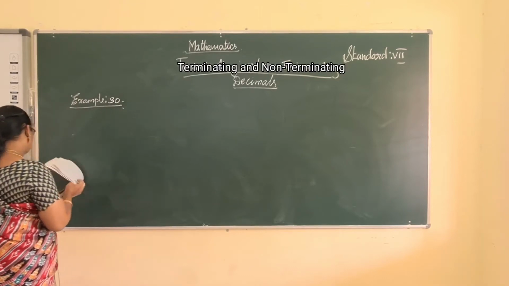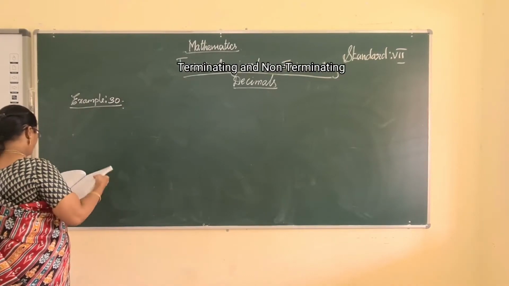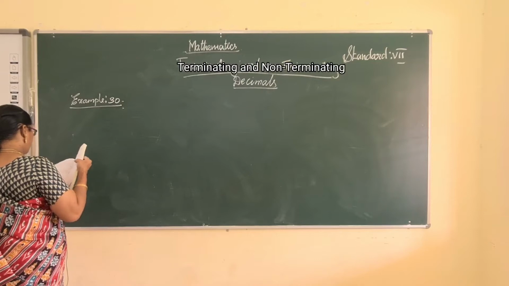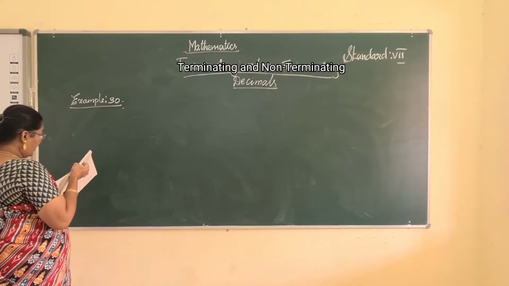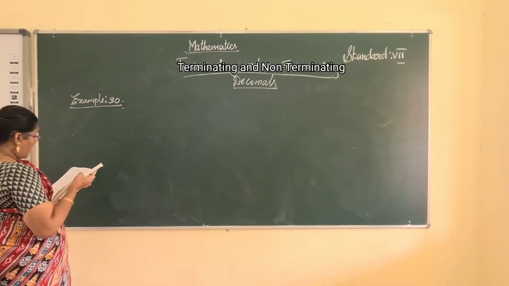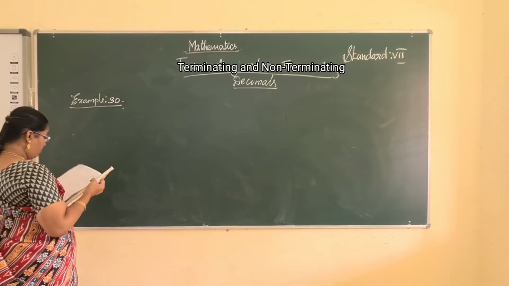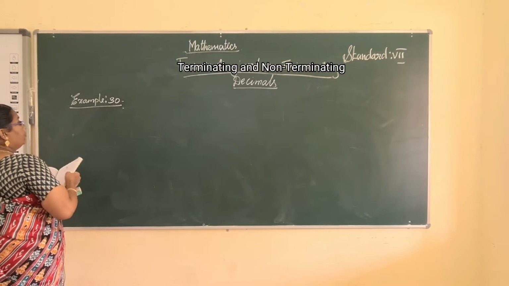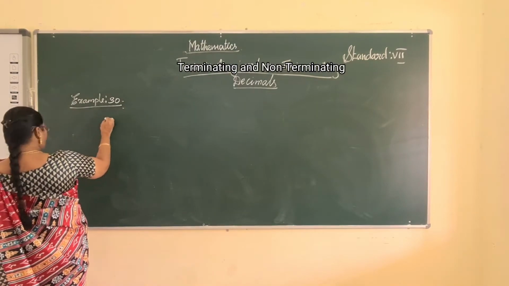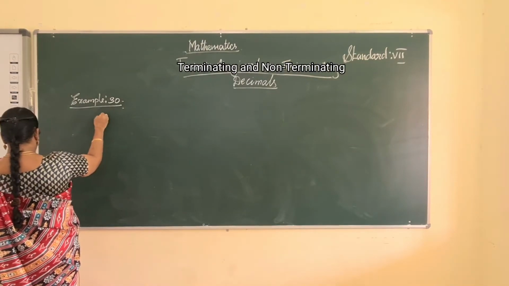Express the following rational numbers as decimals using the division method. Okay, so the long division method is asked.